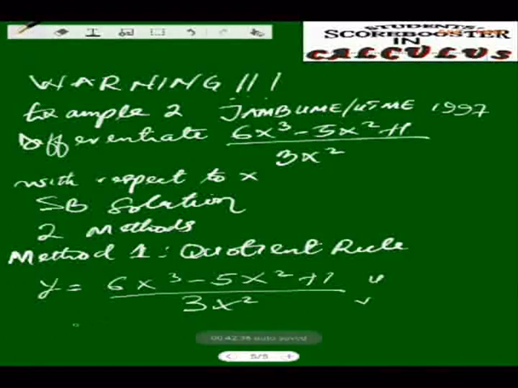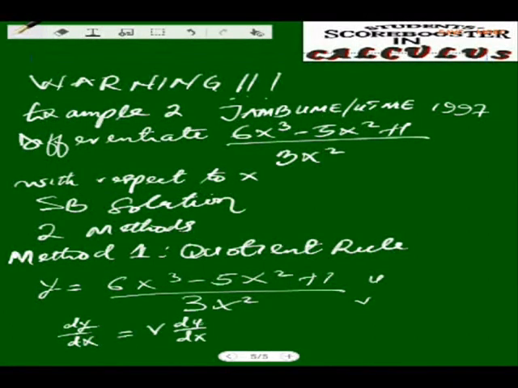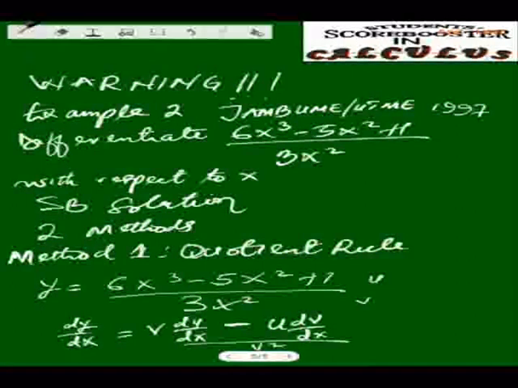Okay, so don't forget the formula is dy dx is equals to v du dx minus u dv dx, everything over v squared.